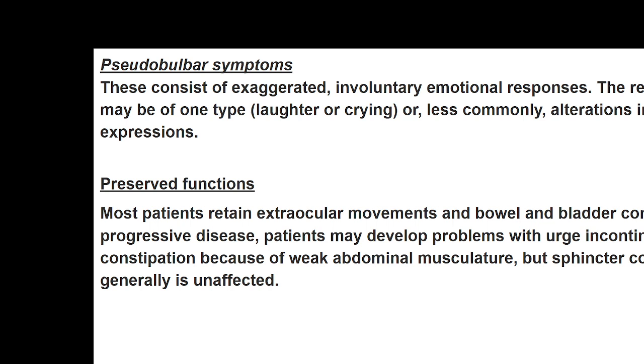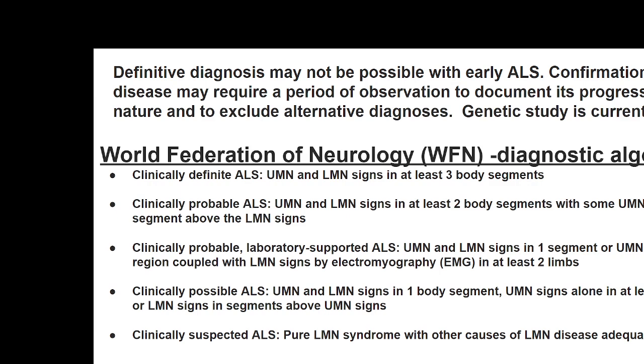Some of the patients may develop urinary symptoms because of urge incontinence, or constipation because of abdominal muscle abnormality, but the sphincter control is not affected. The patient may still be able to pass stools.